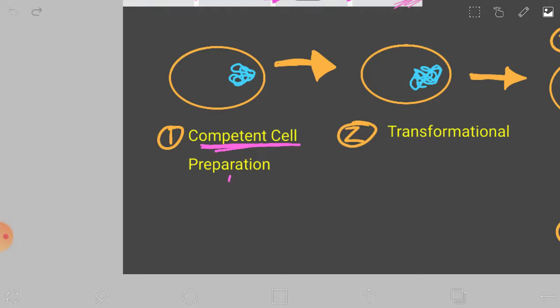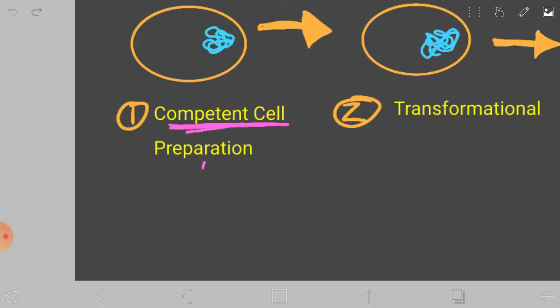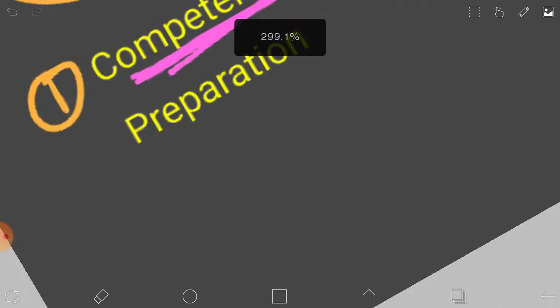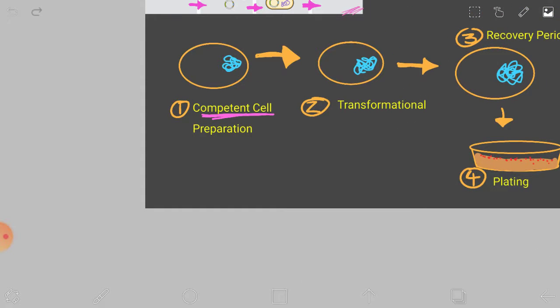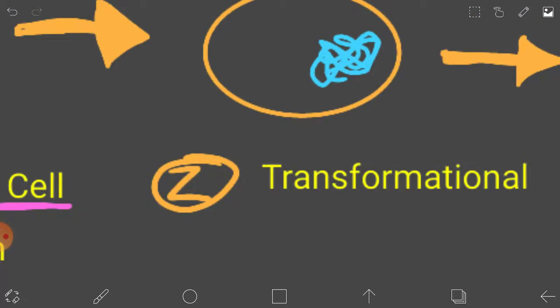Less strict on what kind of proteins or all sorts of stuff could go through and into the cell.